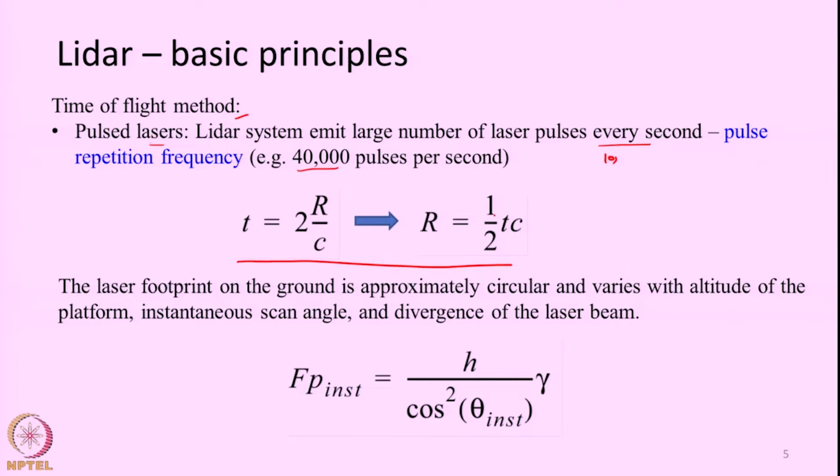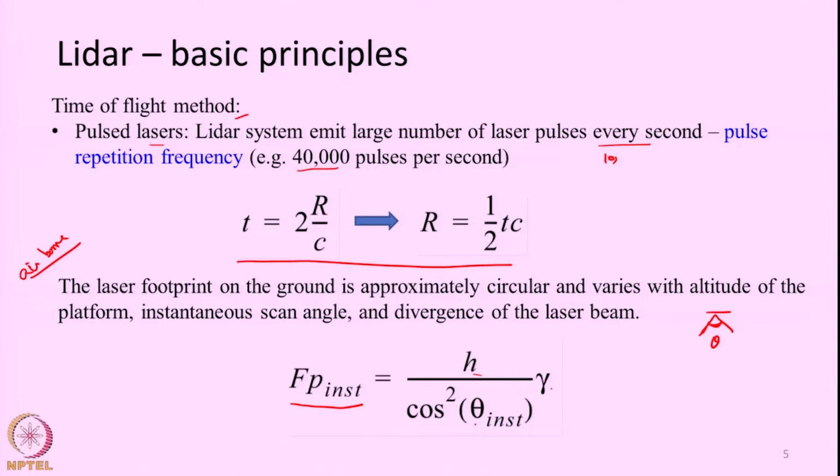And also, from an airborne platform point of view, I am just discussing this. Let us say we have an airborne platform with a scanning mechanism attached to it. It can scan a certain angle theta. In those circumstances, the footprint size of the laser beam can be calculated by this formula, h into gamma divided by cos square theta instant.